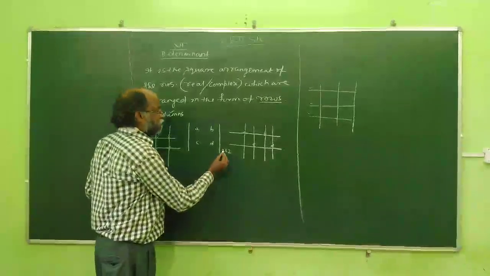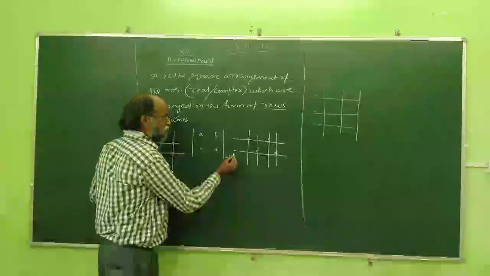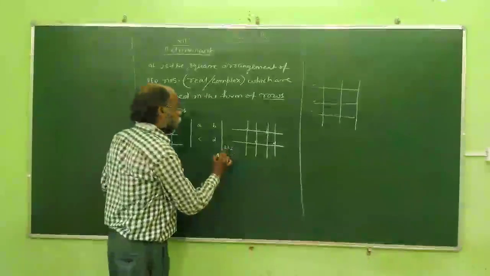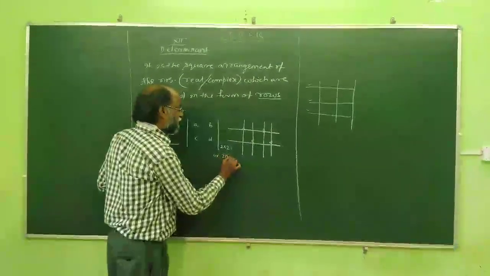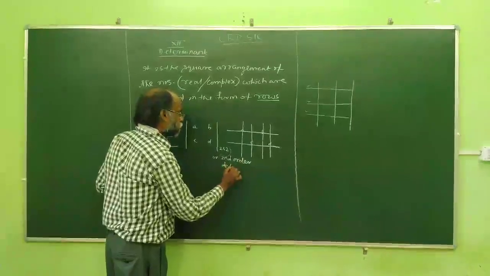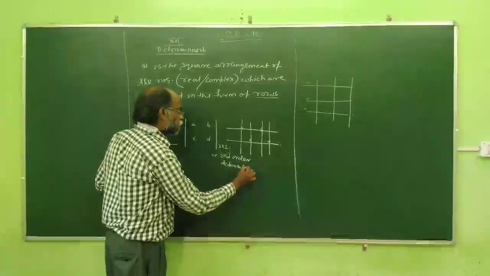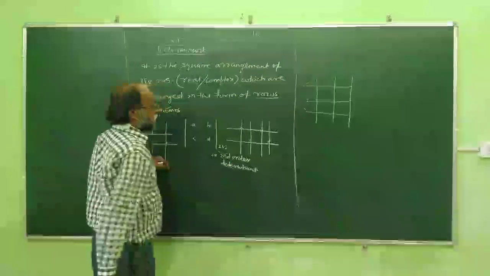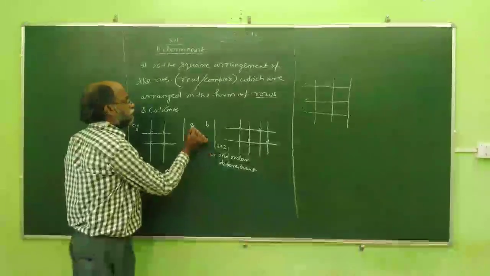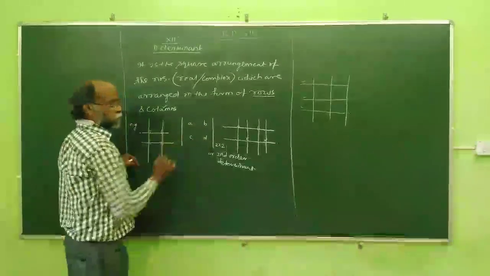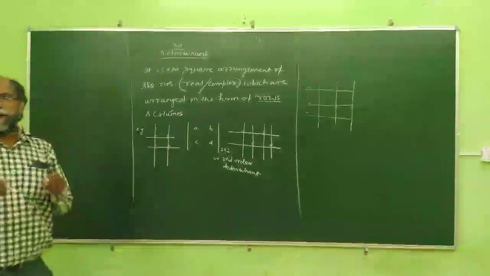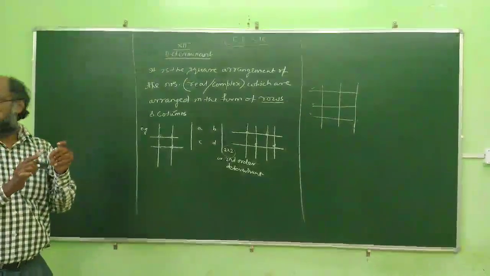It should be written as 2 into 2, but we should read this as 2 by 2. 2 by 2, or simply you can say it is second order determinant. Now in second order determinant, these are called elements. How many elements are there? 4. How is 4? 2 into 2, that is 4. So number of elements is 4.